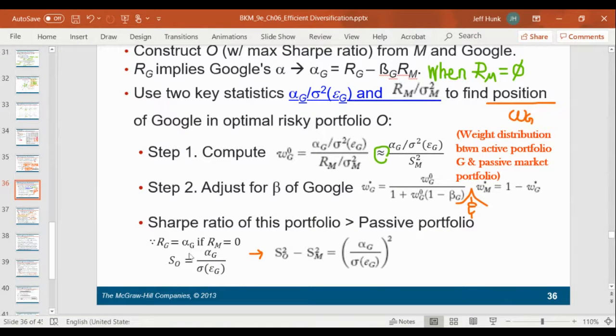Since, think about it, alpha is the alpha of Google. Alpha of Google is the excess return on Google when the excess return on the market is 0, right?